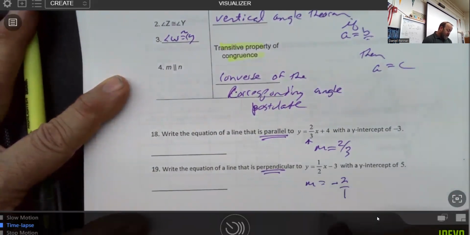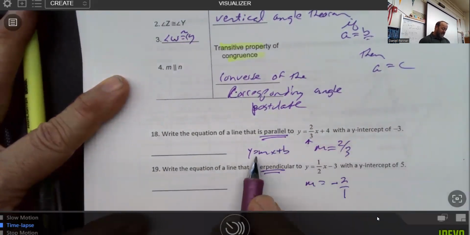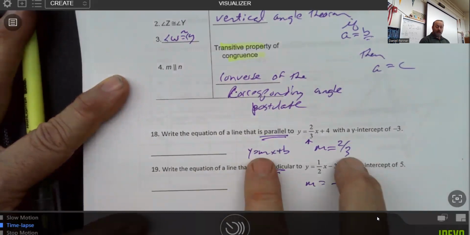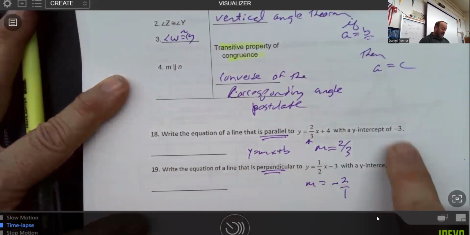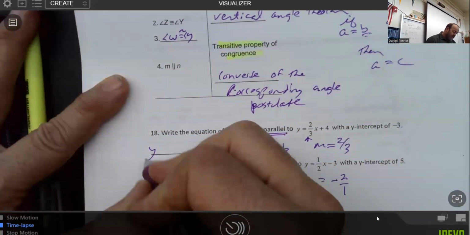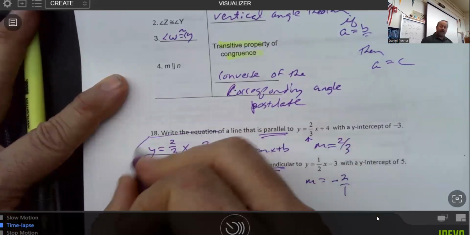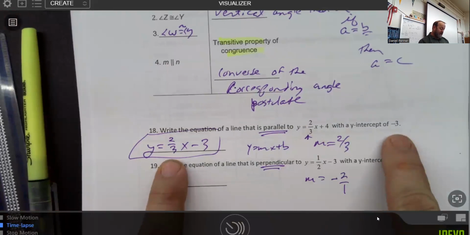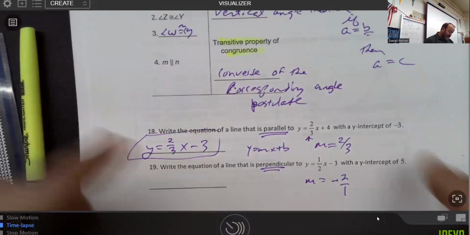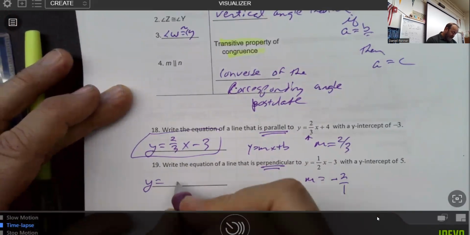So if we were to write y equals mx plus b, which is the slope-intercept form, we were given the slope by understanding parallel and perpendicular, and we have the y-intercept because it said so. So my slope-intercept form of a line would be right here because I have the matching slope and the y-intercept that I desired. And over here, we have the slope that I want.